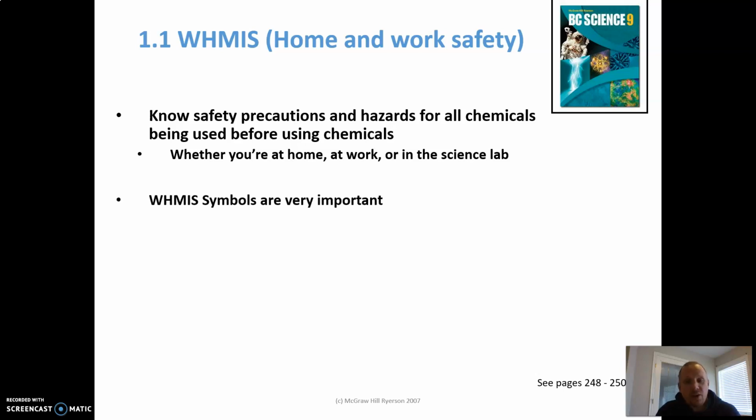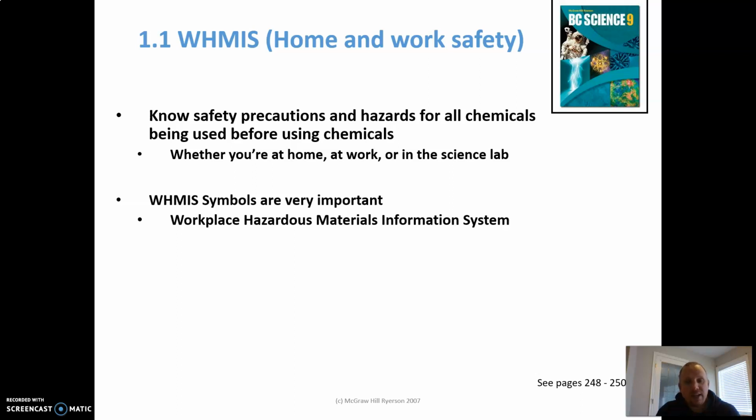So in Canada, we illustrate the symbols. There's a system called WHMIS, and that's a universal system that lets you know the dangers associated or the potential hazards with every chemical. It stands for Workplace Hazardous Materials Information System.